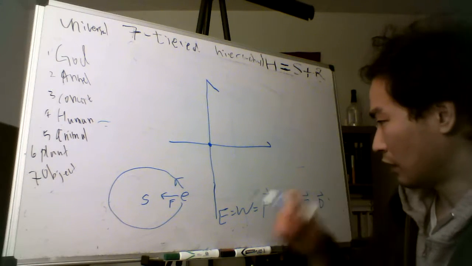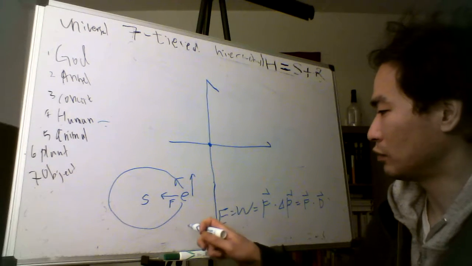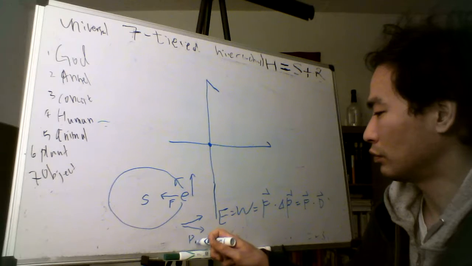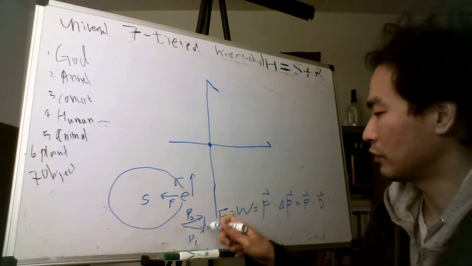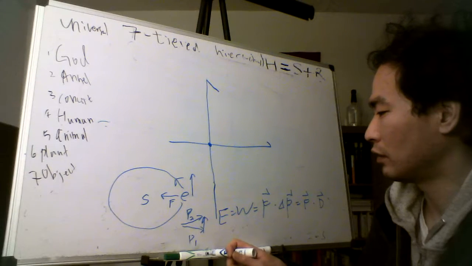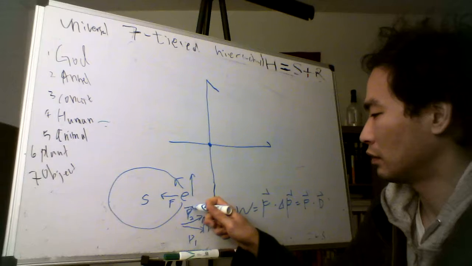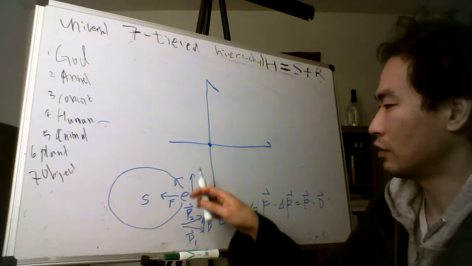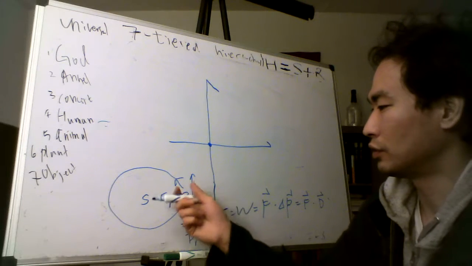So the displacement vector is like this way, right? Why? Because you have two position vectors here, P1, P2. The displacement vector is P2 minus P1, right? This is D. So yeah, it's always tangential and orthogonal, like a right angle to this force.